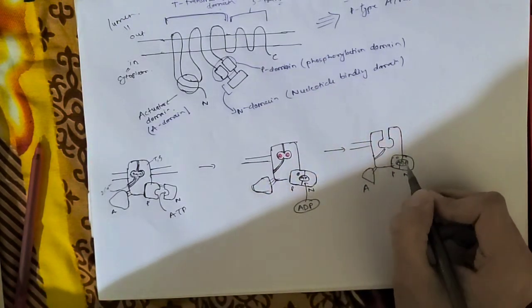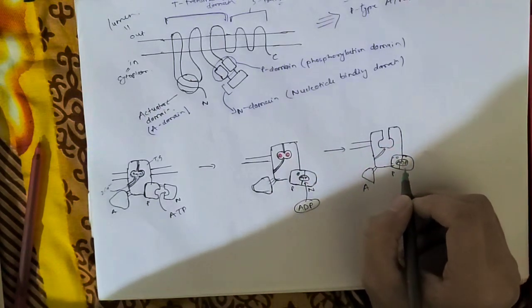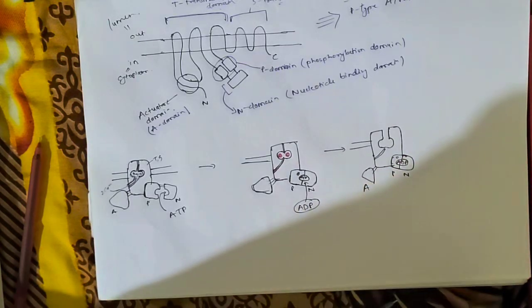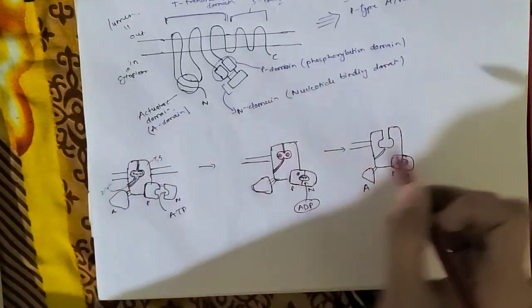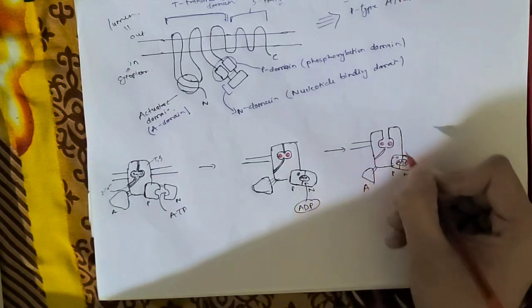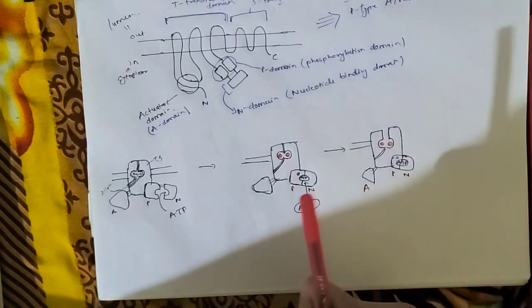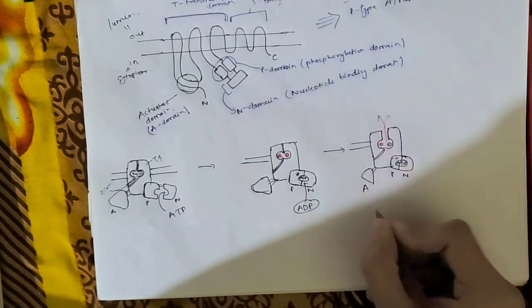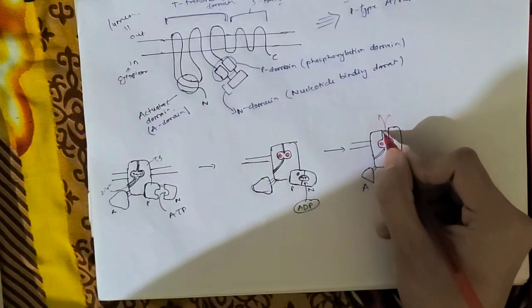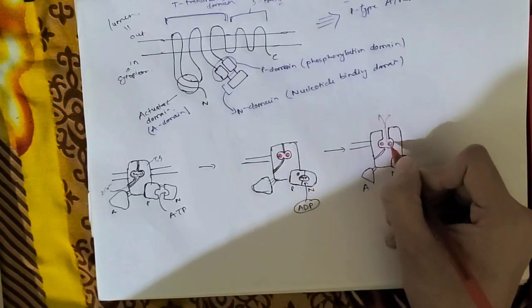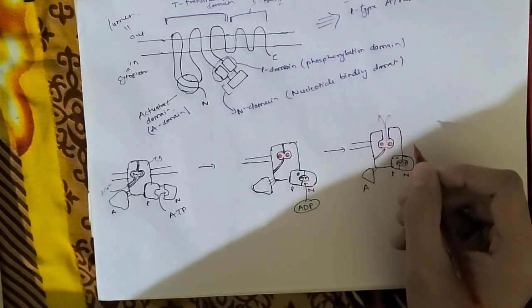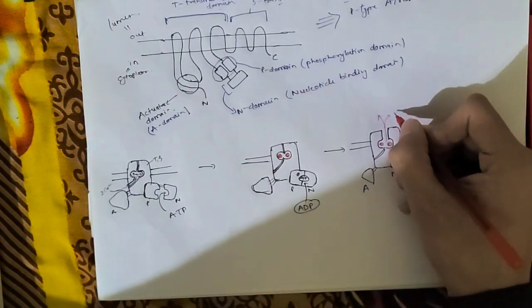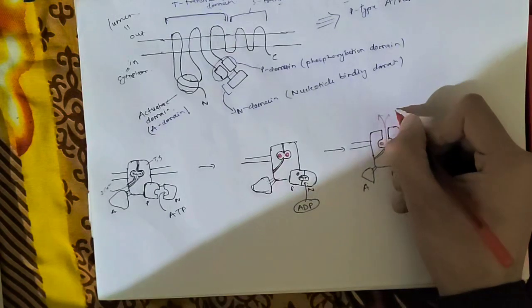This phosphate is specifically on the aspartate residue, which is aspartate 351 residue present in the P domain. And after opening of the exit canal, the conformational changes lead to a decrease in affinity for the calcium in the binding site, and this results in throwing out of calcium.